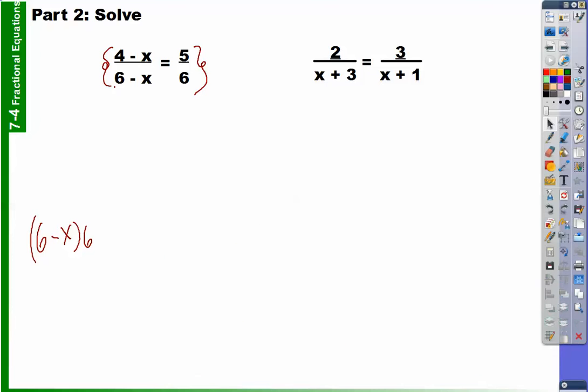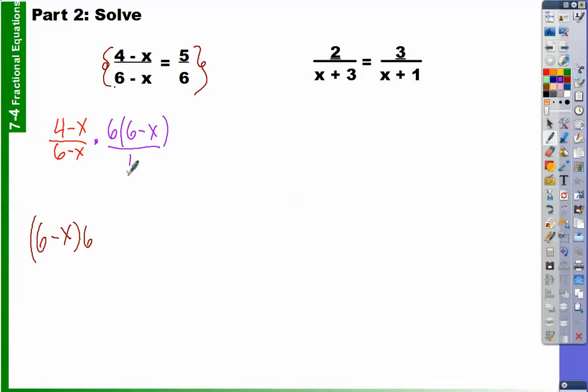All right. So we have 4 minus x over 6 minus x. What are we going to have to multiply this by? Well, we're going to multiply it by the common denominator, right? And our common denominator is 6 times 6 minus x over 1.